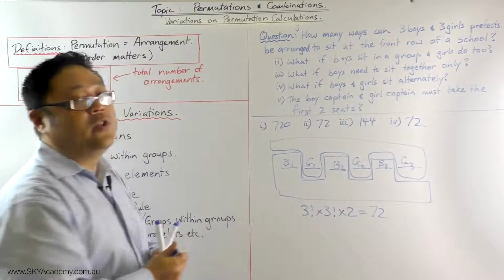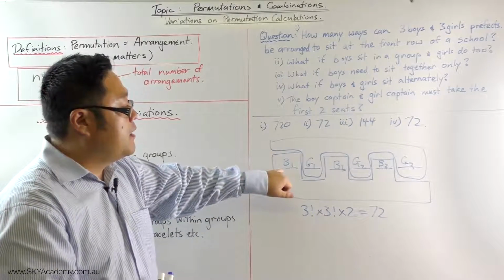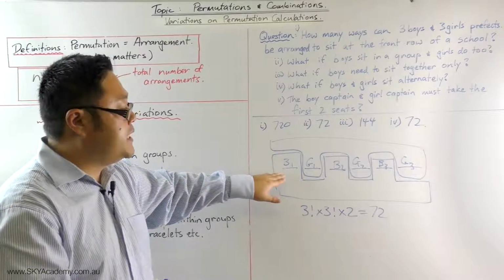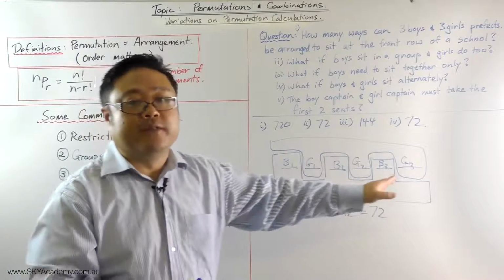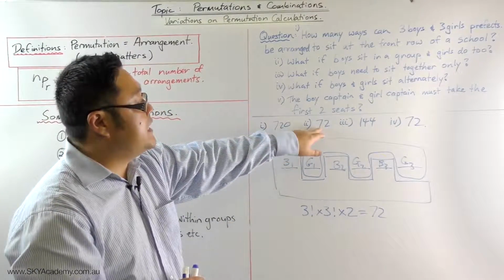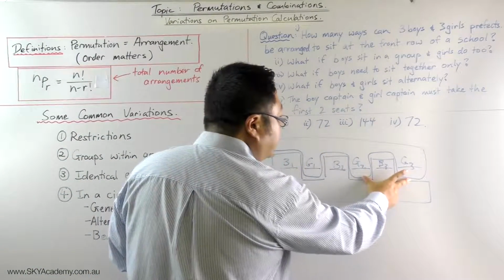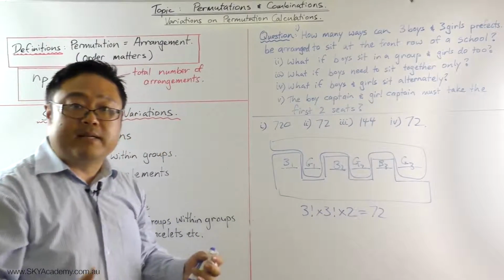Now, what you will notice is that seating the 6 prefects alternately is exactly the same as seating the prefects as 3 boys together and 3 girls together, or vice versa. Does that make sense?